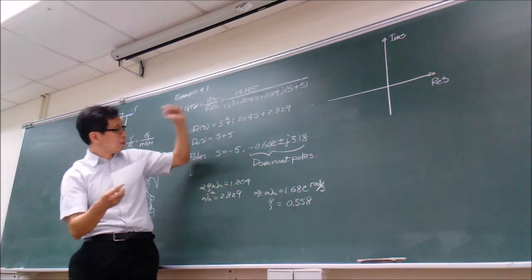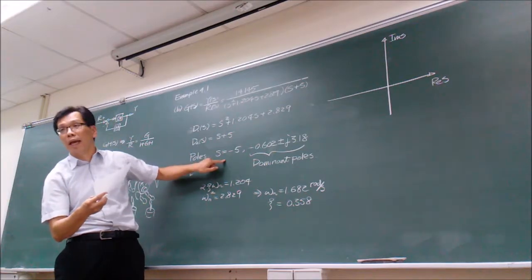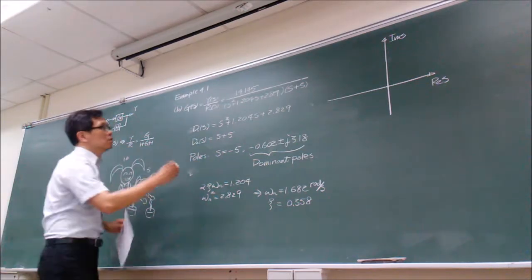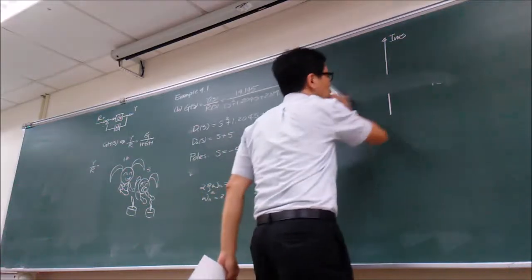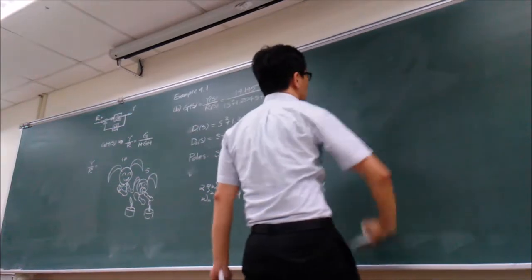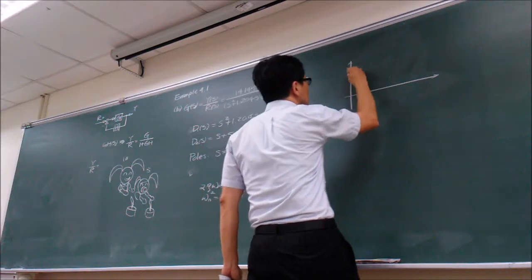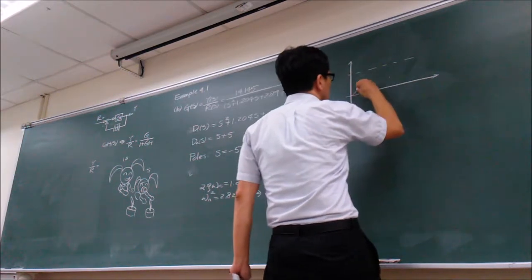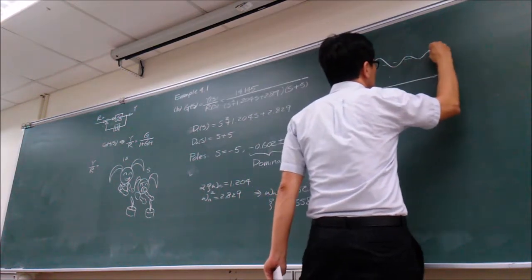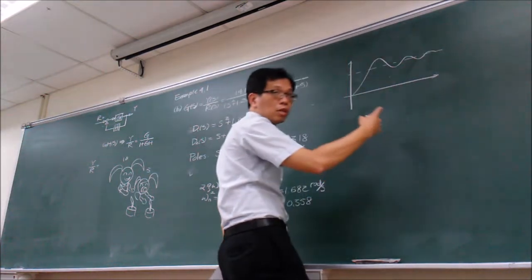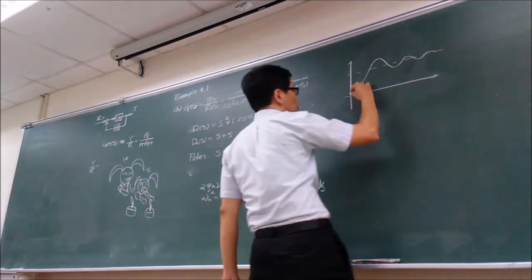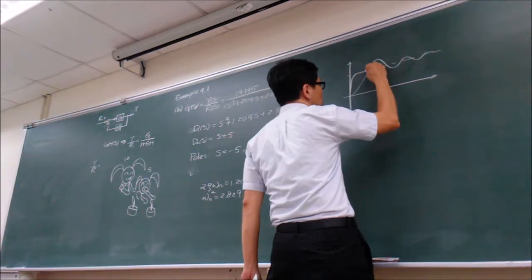And this one is going to be 8 times faster, which means if you put everything in terms of time series, the second order is going to have this response, the first order is going to have this response.